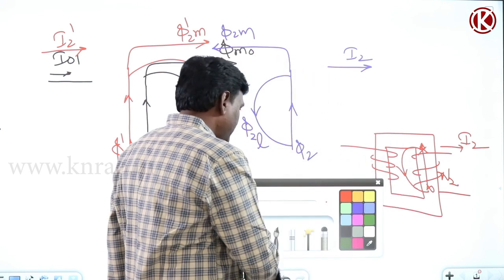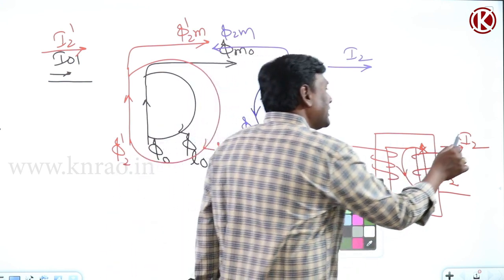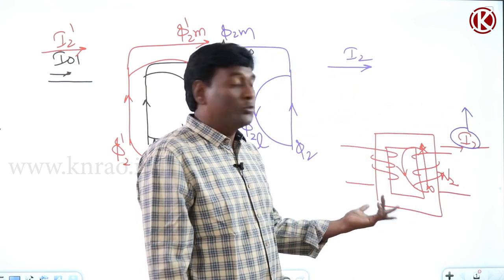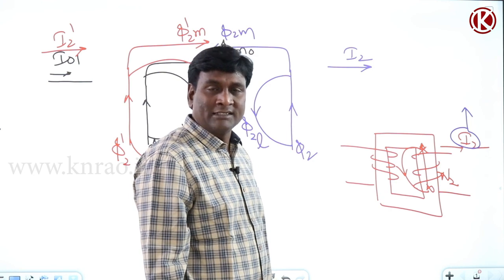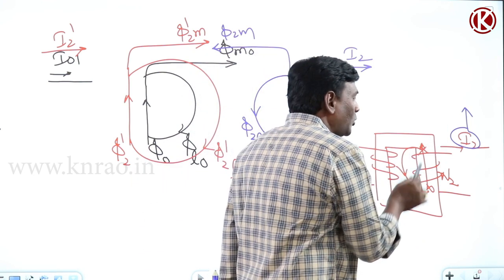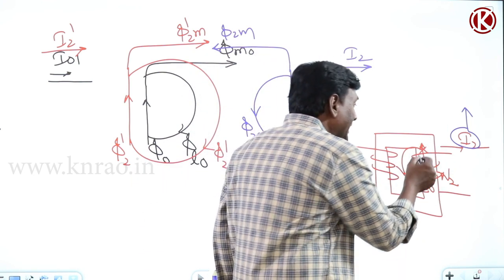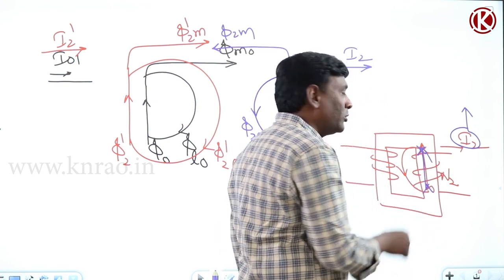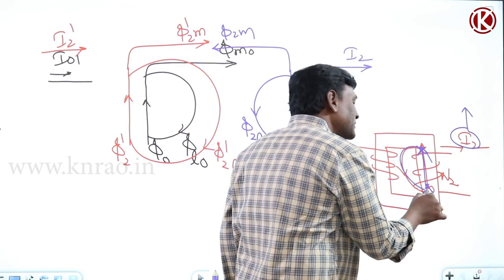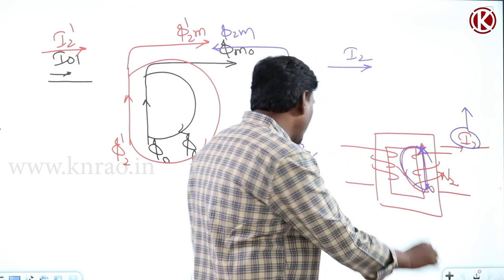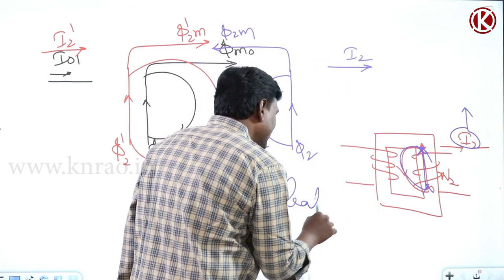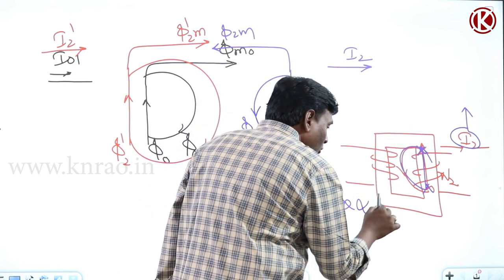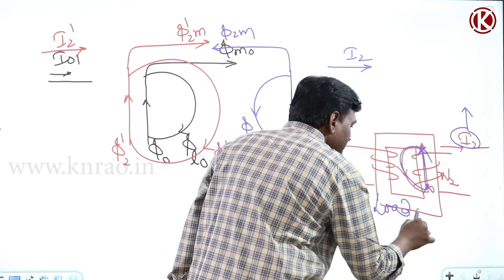For example, if load current is more, N2 is anyway constant, because we are thinking as an operating engineer. If I2 is more, I2 N2 will be more, MMF across this will be more, total flux produced by this will be more. If the total flux is more, leakage flux will be more. So I can say that leakage is directly proportional to the load component of current.